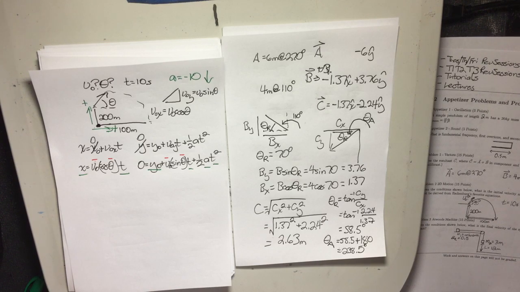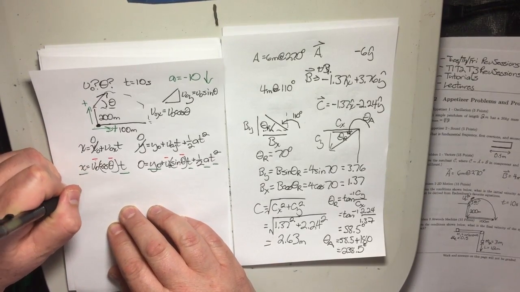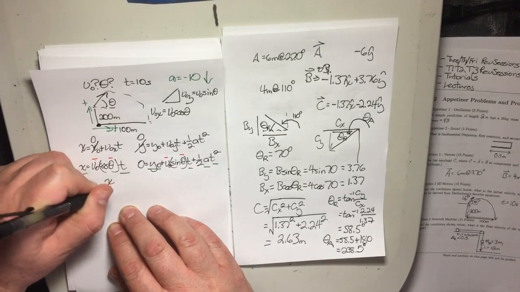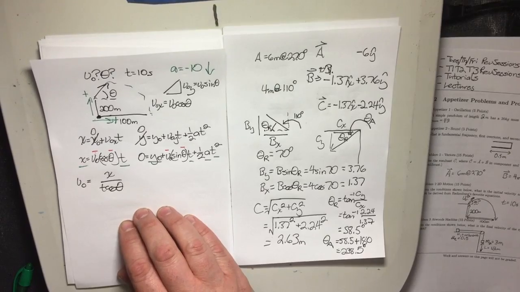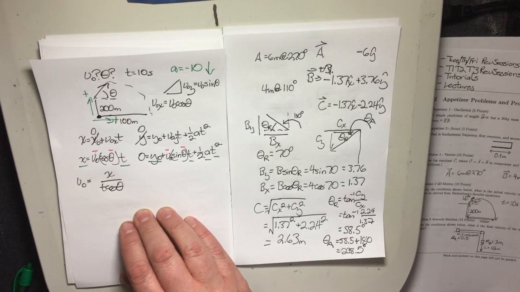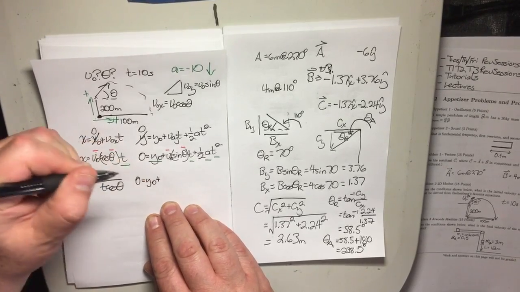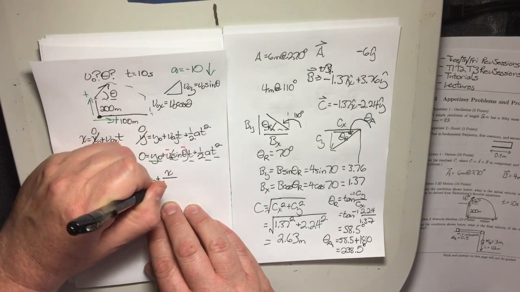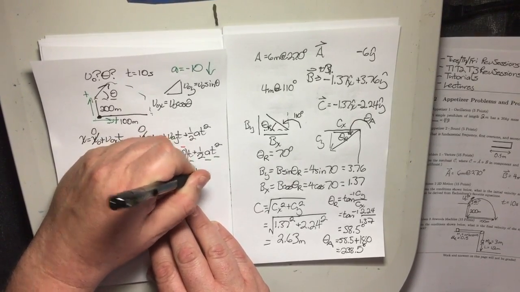This is a 2 equation, 2 unknown problem. And you die a little more inside. It's like that one person on Twitter. You do a substitution. What I would do is I would substitute V naught out. So V naught is X over T cosine theta. Plug that into here. 0 equals Y naught plus X over T cosine theta sine theta T plus 1/2 AT squared.